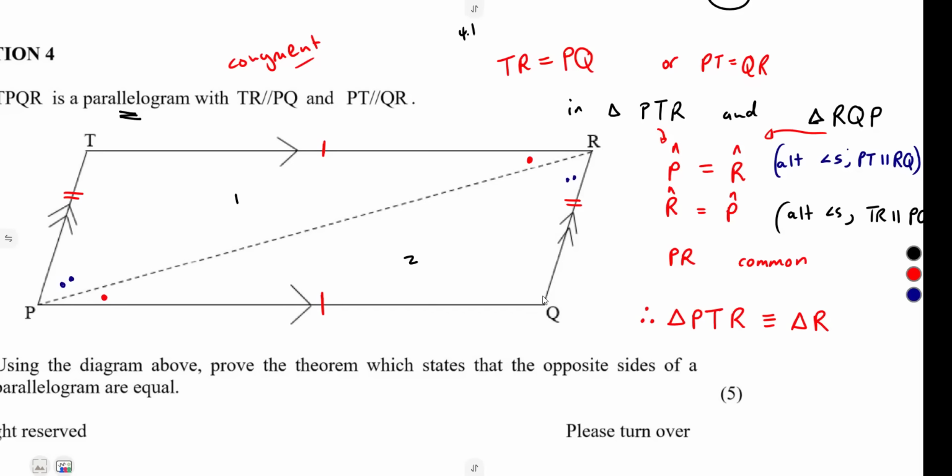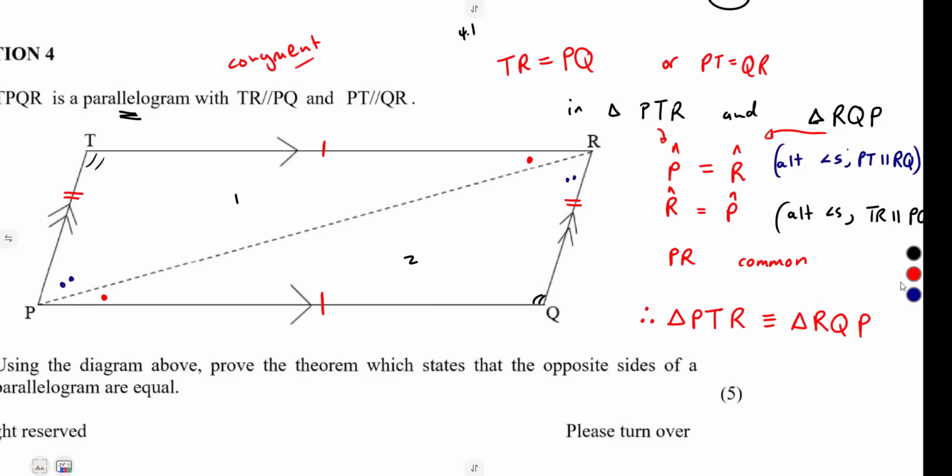This is an obvious case of opposite angles. So that one, T and Q. Then R and P, like that. So these two triangles are congruent.